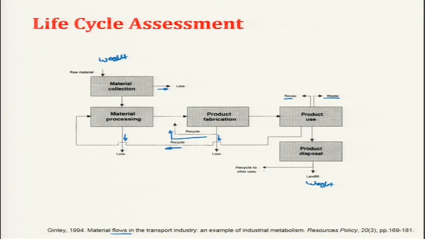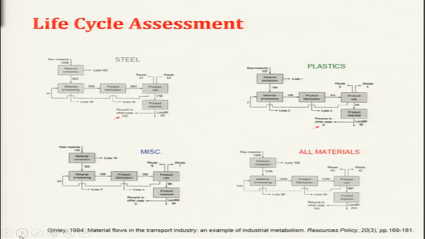So, this is disposal, this is where the final landfill goes, that is the final waste of no use, but it can also be recycled for other uses. Recycle is taken here in this case. So, they have made this assessment for different materials. This is steel, plastics, miscellaneous, and all materials.